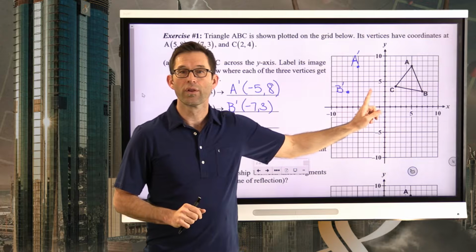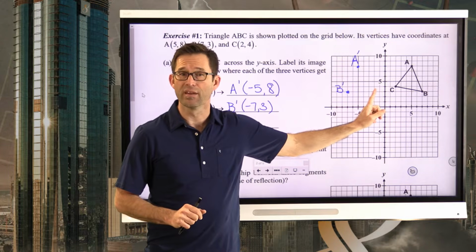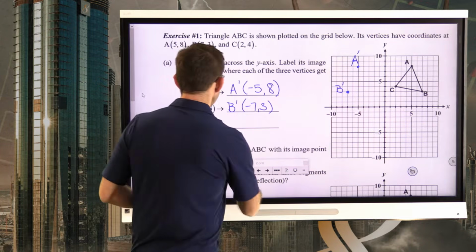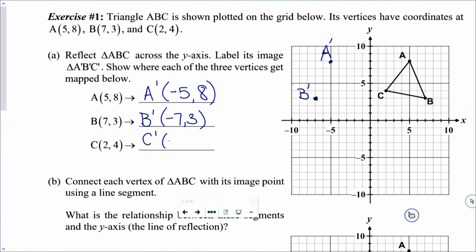If we folded it over, it would be over here at (-2, 4). I'm going to just connect these things by freehand.